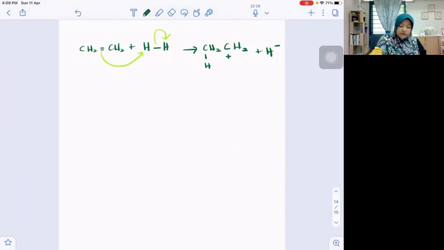This is the first step. I rewrite it back for the second step. What happens is this carbocation ion reacts with this negative ion. We have CH3, CH2 positive, I condense the structure, reacting with H minus.